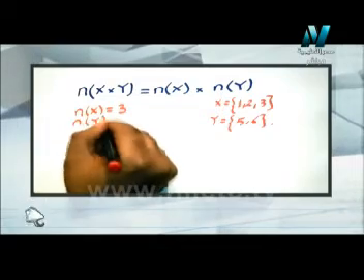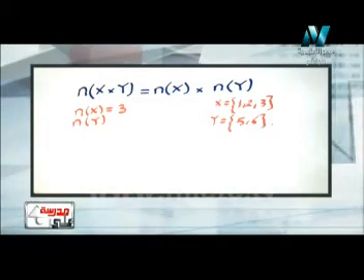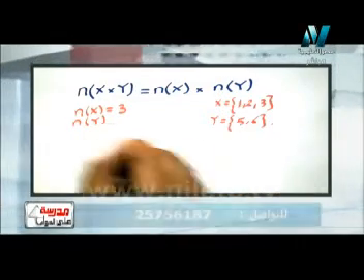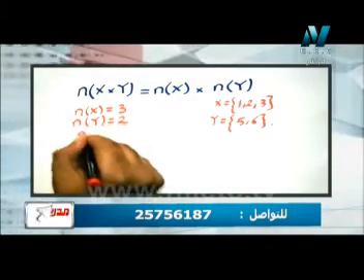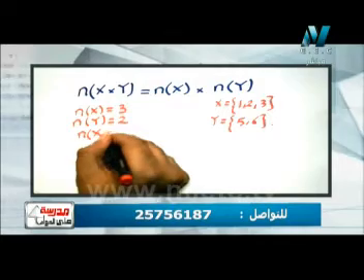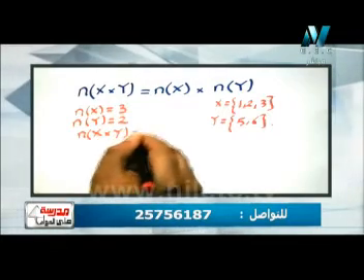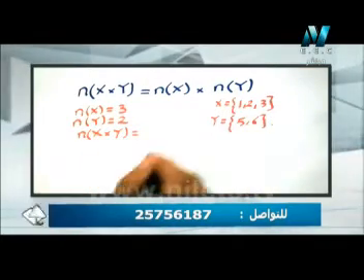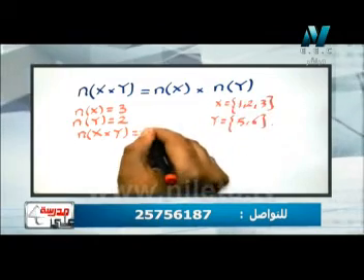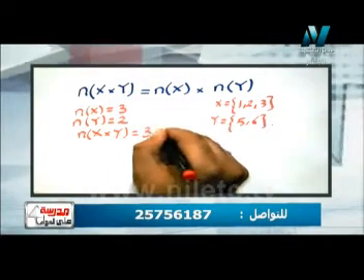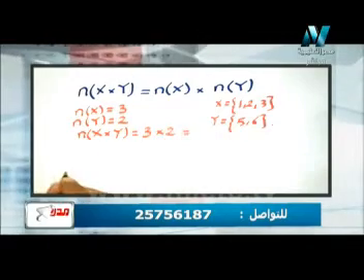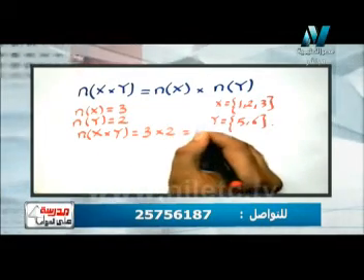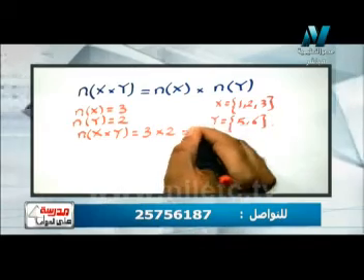How many elements of y? Only 2 elements, which are 5 and 6, equals 2. To find the number of elements of x product y, just multiply the number of elements of x, which is 3, by the number of elements of y, which is 2. Finally, we say 3 times 2 equals 6 elements.